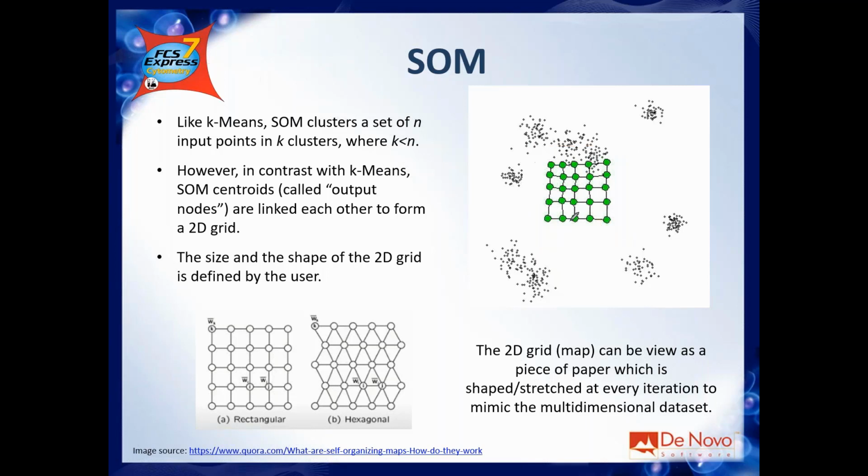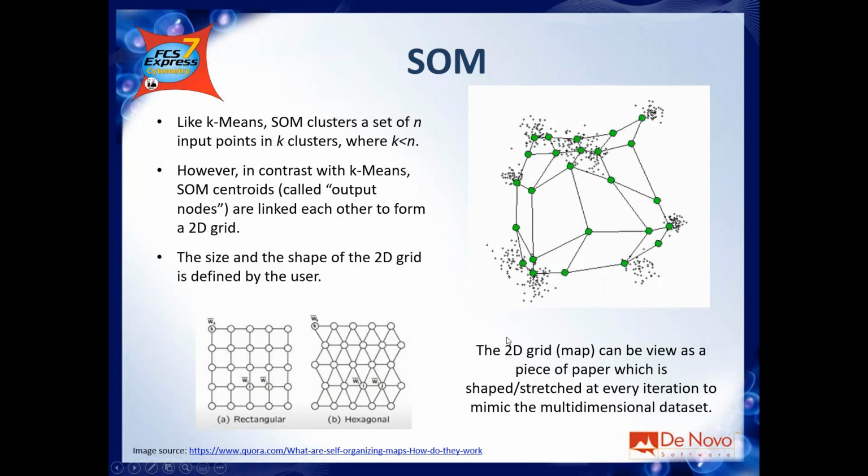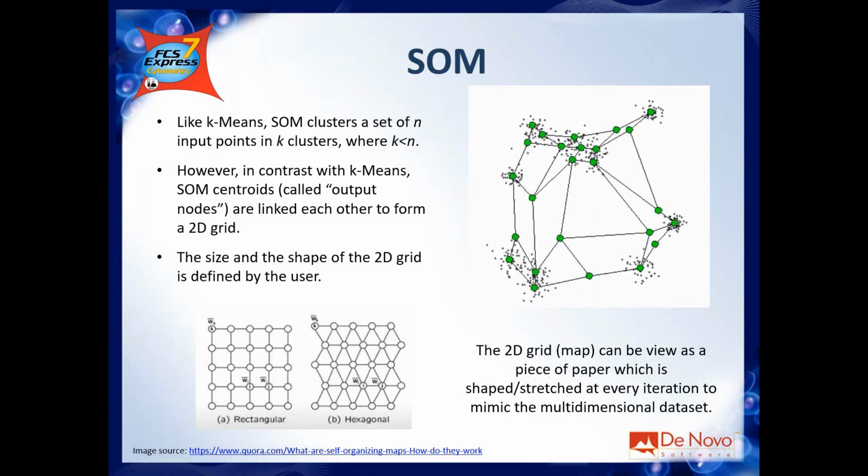So let me now play this small animation. You will see that this grid is stretched step by step. Every single movement is one step. At the end, what you want to have is a good representation of your data set.